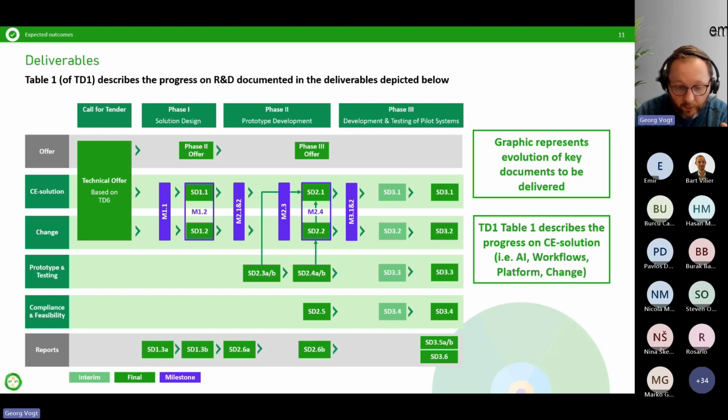The procurers will have been happy to give you the money to do this, but the procurers obviously have an interest in the solution to continue and actually spend money to buy, to subscribe, whatever business model you choose. And you want not only to sell the solution to the few procurers represented in the project, the many more followers we have already recruited and are going to recruit, but hopefully to many, many cities across Europe, because we all are facing the same challenge.